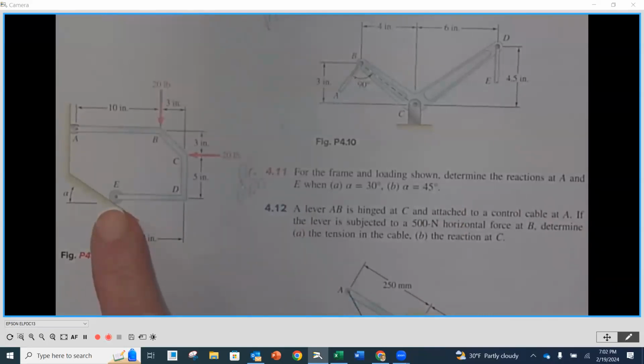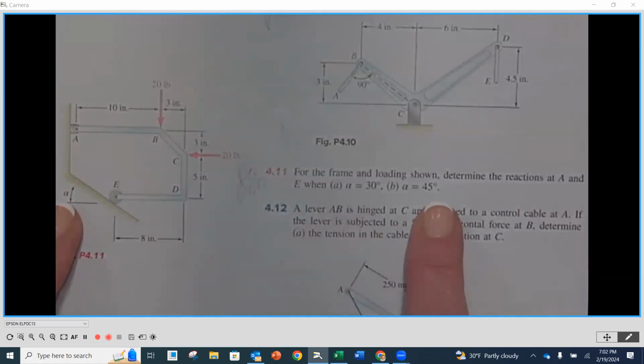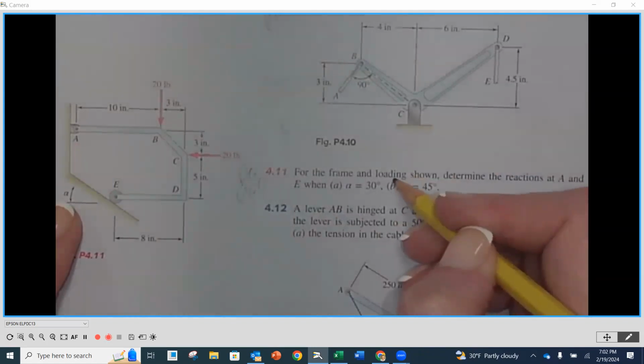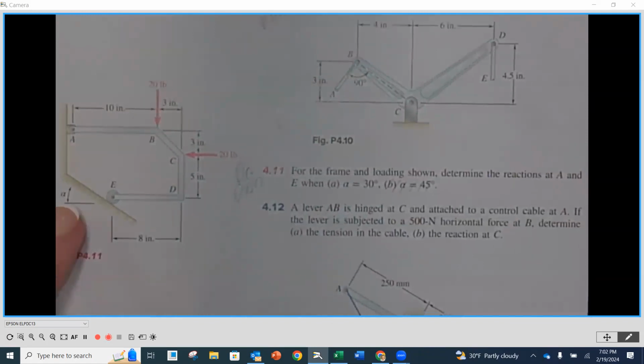So E is a roller, A is a pin. When alpha is 30 degrees and alpha is 45, I think we're just going to do this once. We're not going to worry about part B. We're just going to do part A. That'll be enough. Okay, so alpha is going to be 30 degrees.